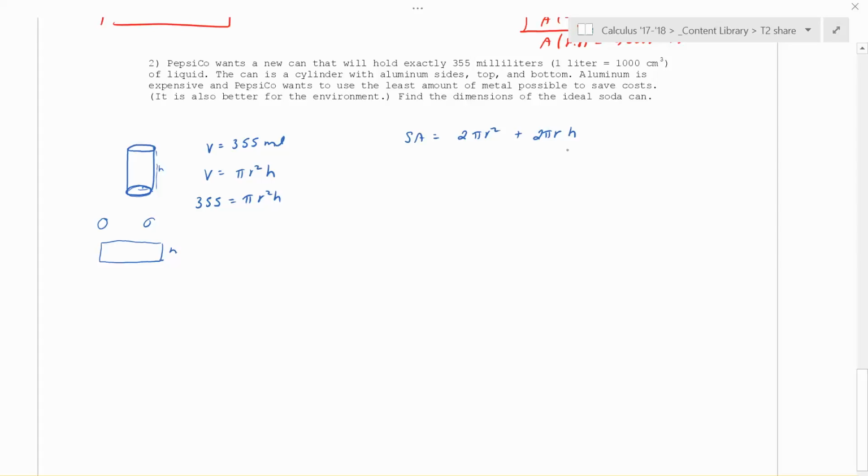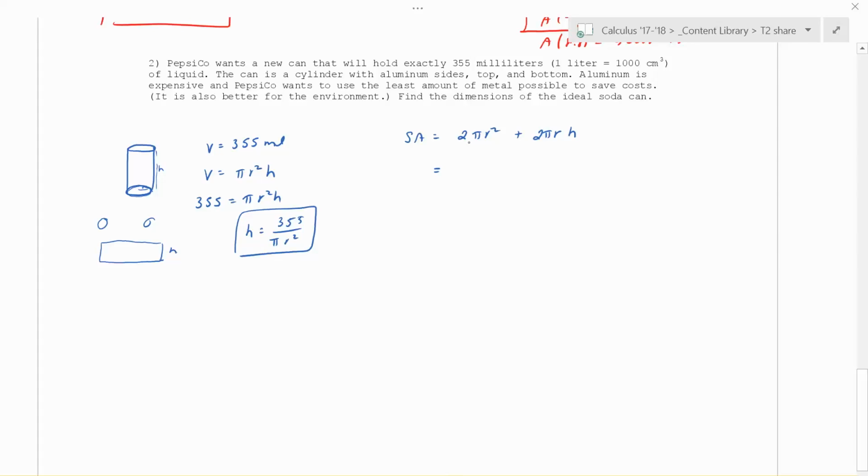If I want to minimize this, I've got to take a derivative, and again, I've got too many variables. So which one of these variables is the easiest one to solve for? I can solve for h simply by dividing. If I wanted to solve for r, I'd have to divide by the h and the pi and then take the square root. So being a little bit lazy, I'm going to solve for h, which is 355 divided by pi r squared.